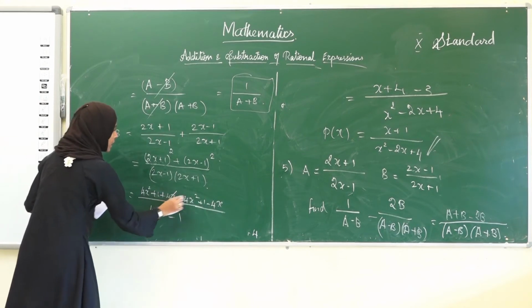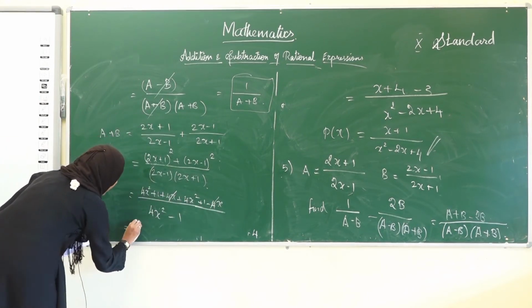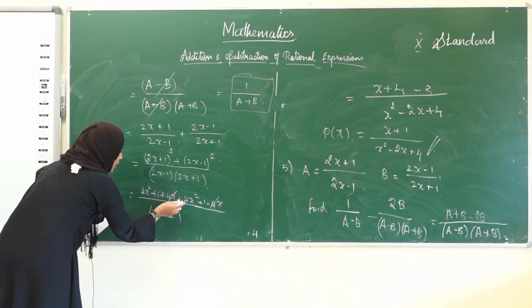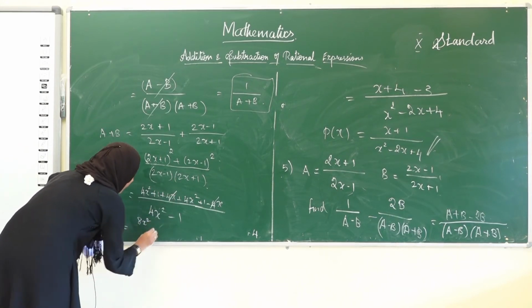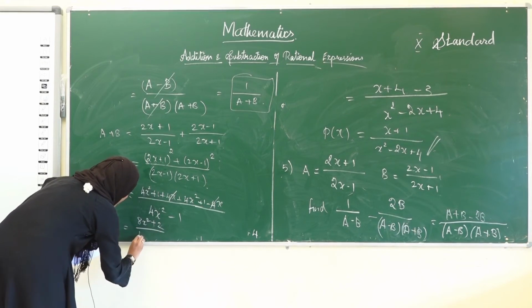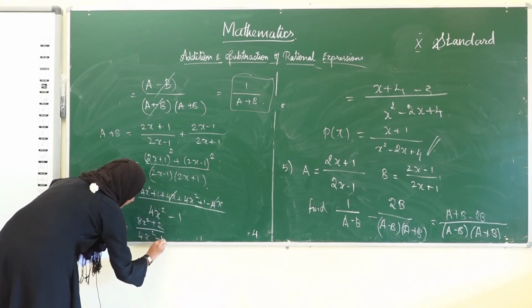See here, this 4x and this 4x get cancelled. The remaining will be 4x square plus 4x square, that is 8x square plus 2, divided by 4x square minus 1.